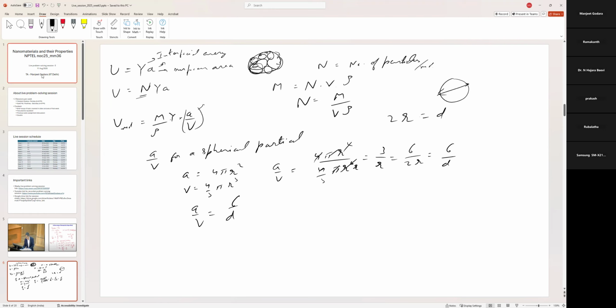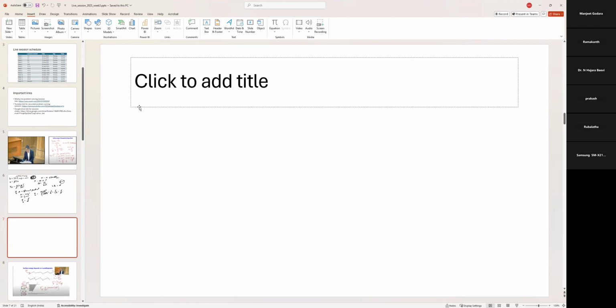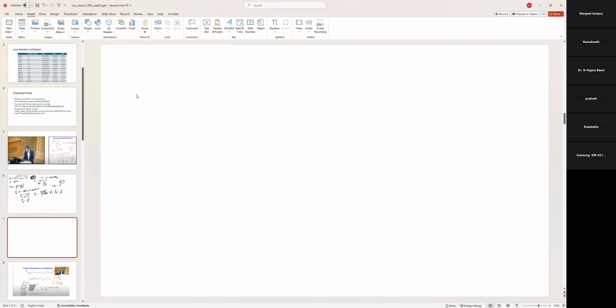You can do this exercise for any other particle shape and size. Let's see an example. Suppose my nanoparticle is a hexagonal rod shape, and we calculate its surface energy.